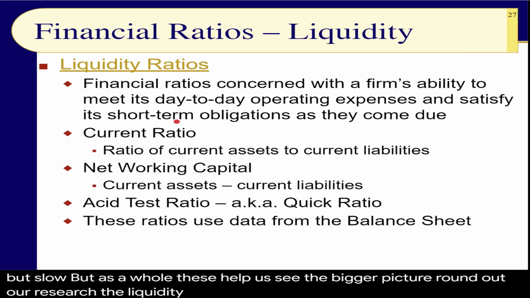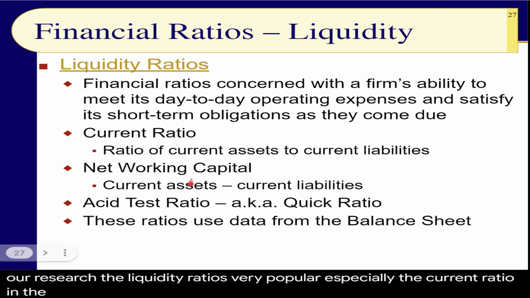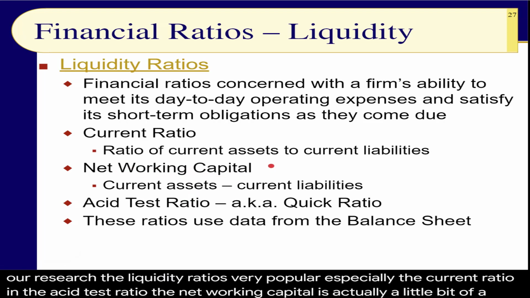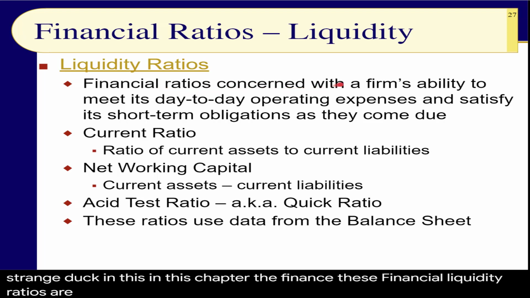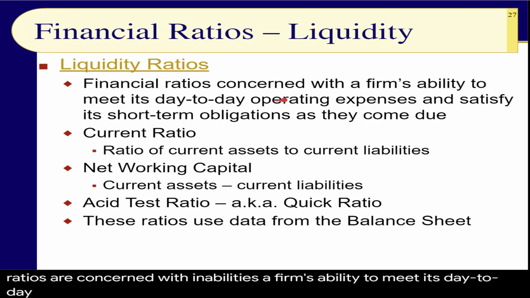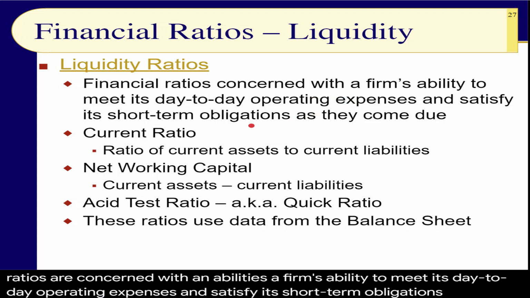The liquidity ratios, very popular, especially the current ratio and the acid test ratio. The net working capital is actually a little bit of a strange duck in this chapter. These financial liquidity ratios are concerned with a firm's ability to meet its day-to-day operating expenses and satisfy its short-term obligations as they come due.